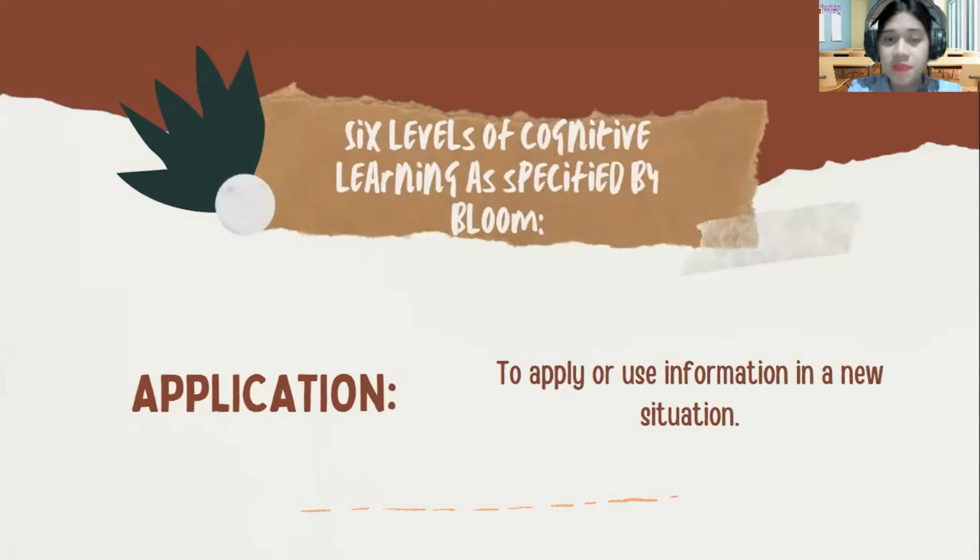It is assessed by presenting the students with a unique situation, for example, one not identical to that used during instruction, and have them apply their own knowledge to solve the problem or execute the proper procedure. In other words, application is to apply information in a new situation.